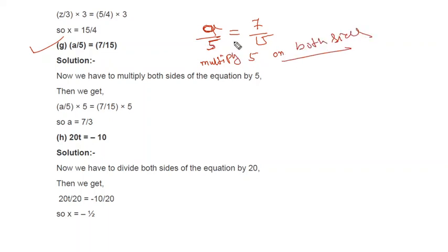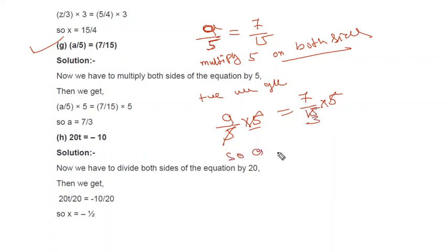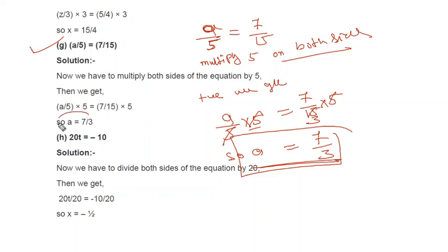Then we get A by 5 into 5 equal to 7 by 15 into 5. On both sides we have to multiply, then the 5 will be cancelled, and here 5 times 3 is 15, so A will be equal to 7 by 3. We got the value of A.